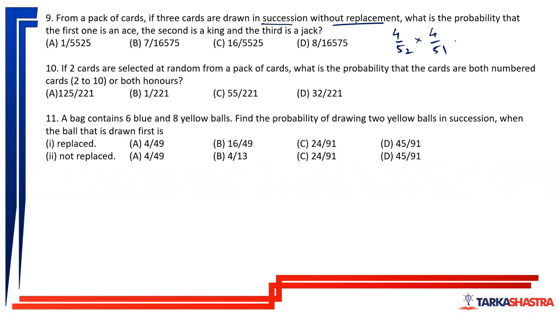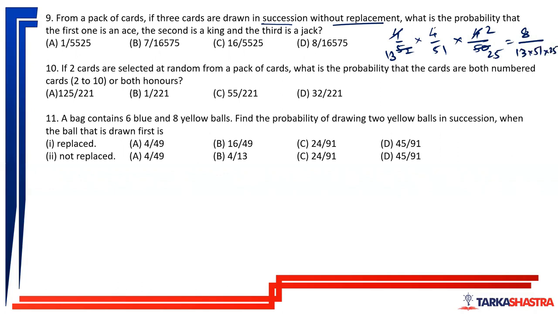And then third is a jack. So 4 jacks and only 50 cards are there in the pack. Now 4 ones are 4, 13s are 13, 2 2s are 4, 2 25s are 50, which gives 8 upon 13 into 51 into 25.